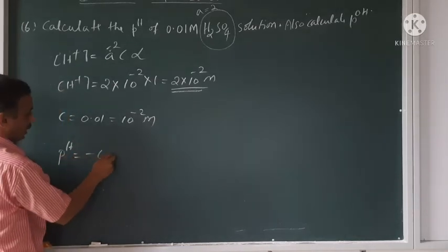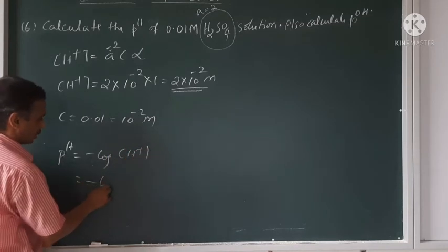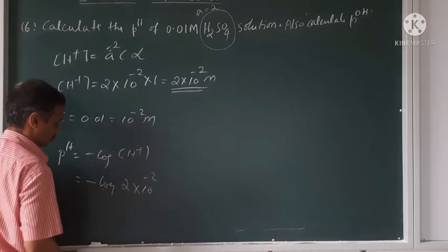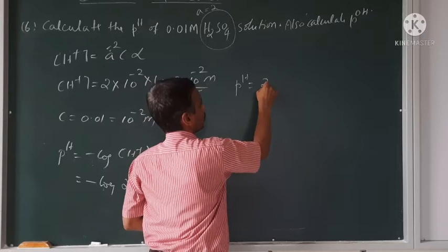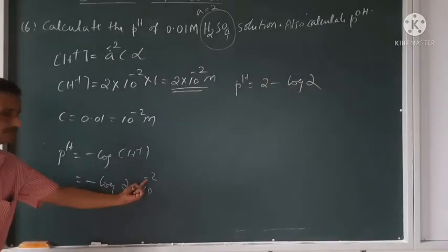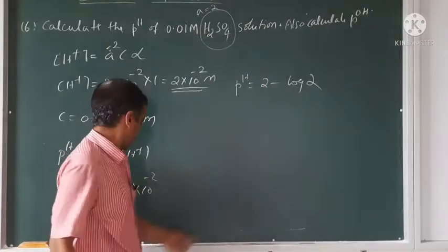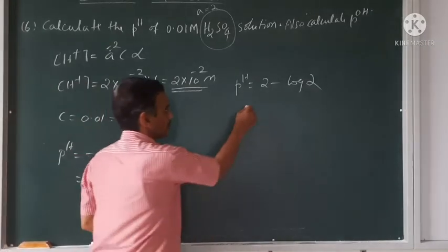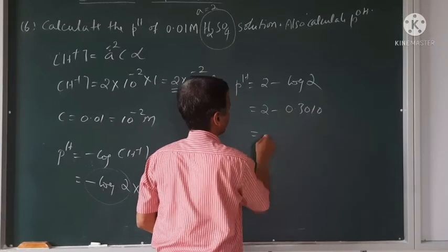pH is equal to negative logarithm of H plus concentration, which is equal to negative logarithm of 2 into 10 power minus 2. Or pH is equal to 2 minus log 2. Write this one, but change the sign. Then write this as minus log 2 like this. So it is 2 minus 0.3010.